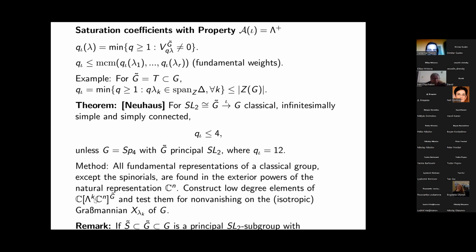The methods, I don't have time to outline, but why are SL2 subgroups important? Because if we combine them with tori, we can do everything we want, from SL2 subgroups and tori, we can get all invariants. So these are some plans for further research on the saturation problem.